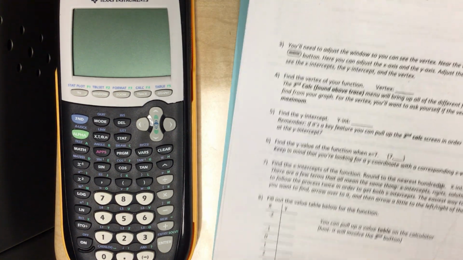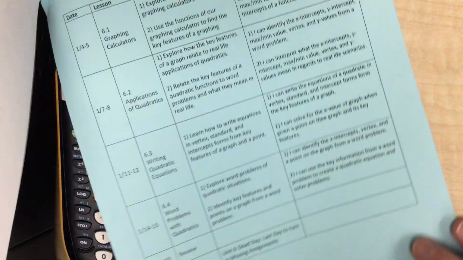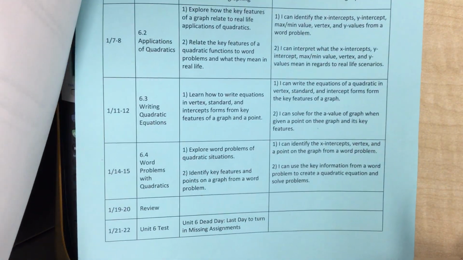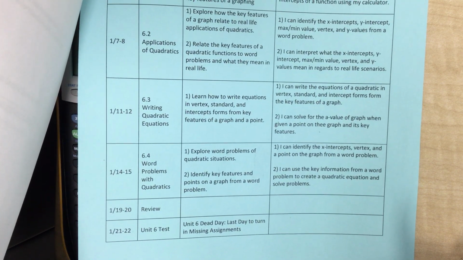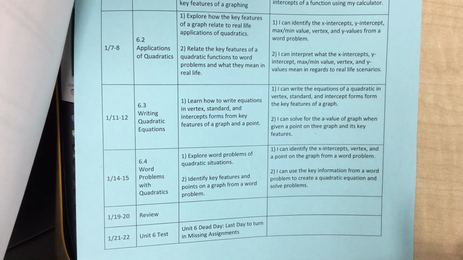All right, so this is our calendar. We're going to do 4 lessons. And then we're going to review, and we'll take the test on either the 21st or 22nd, depending on if you're A day or B day.